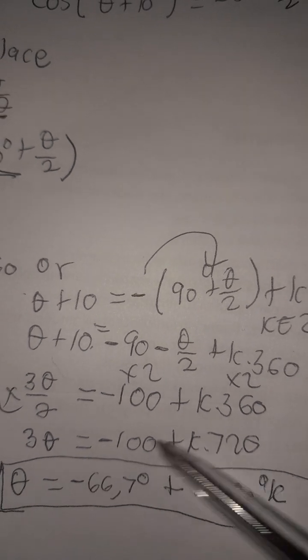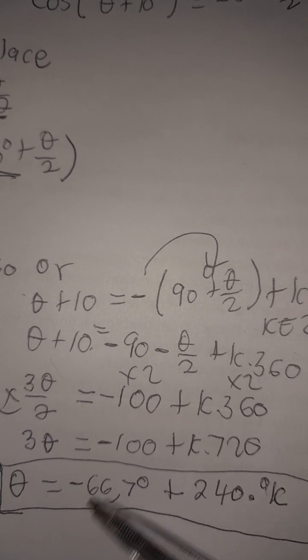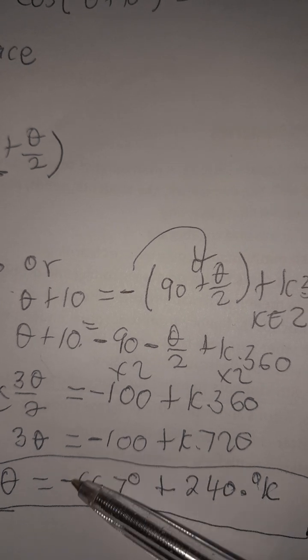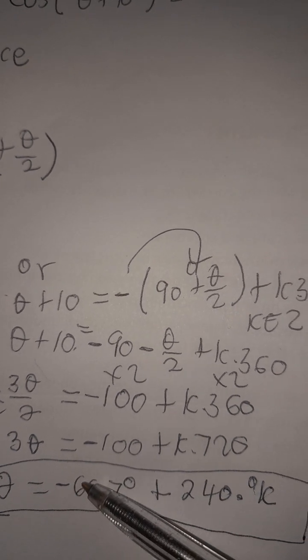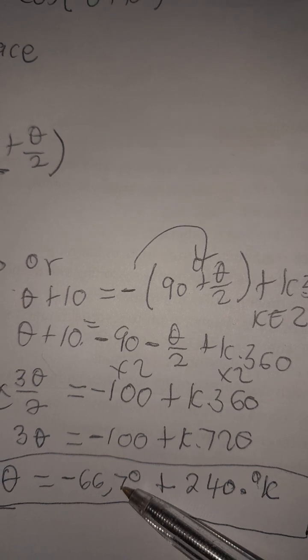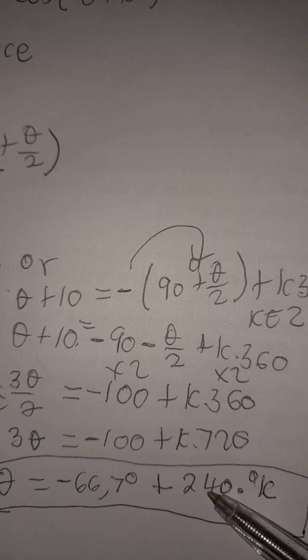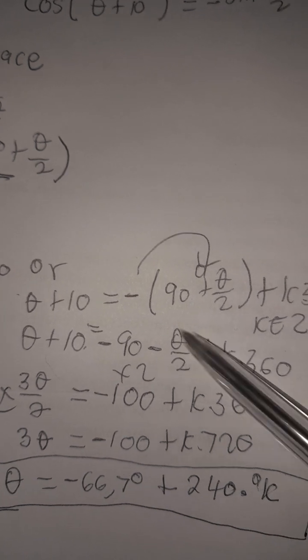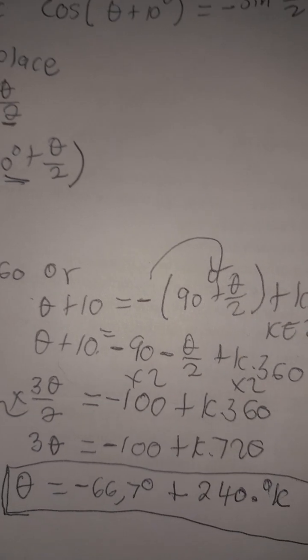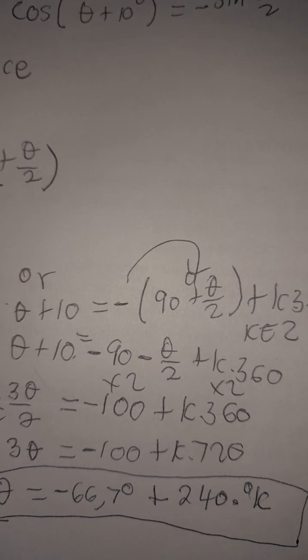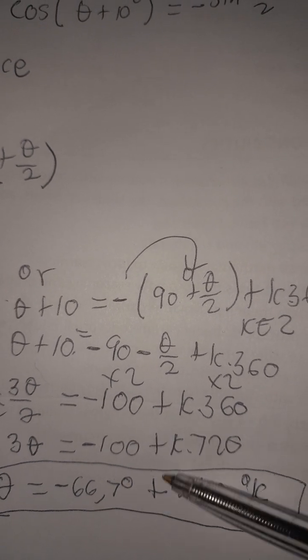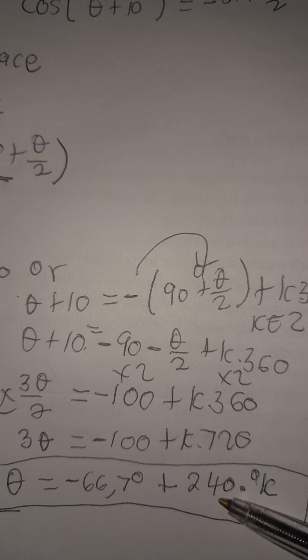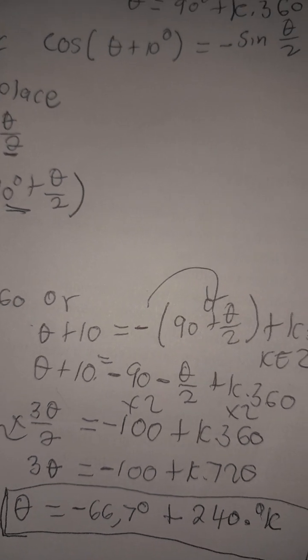Remember the video on co-functions? It's supposed to be negative 66.7 degrees plus 240 times k, where k is an element of integers. This is the final part. In that video, I just left it there, but you're supposed to write it in this manner. So let's get to today's video.